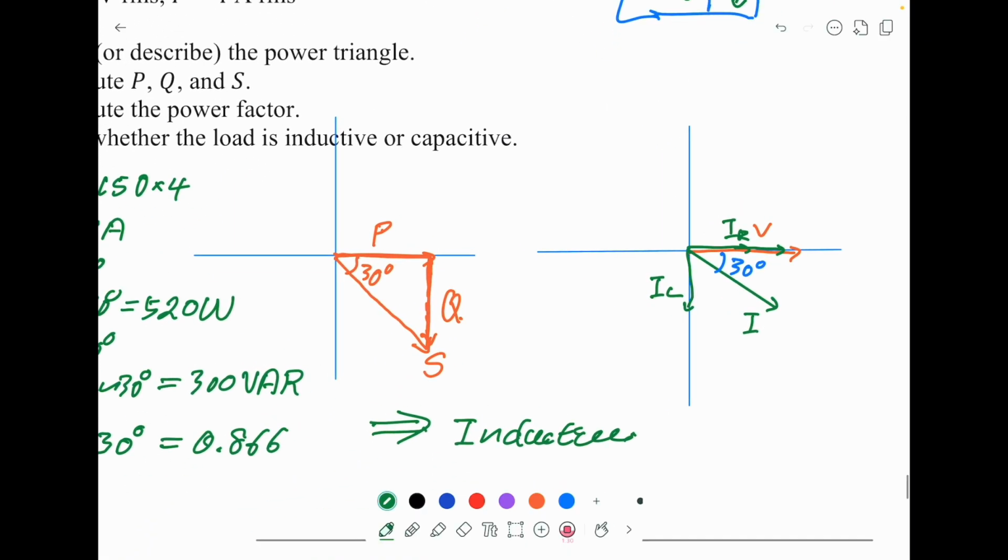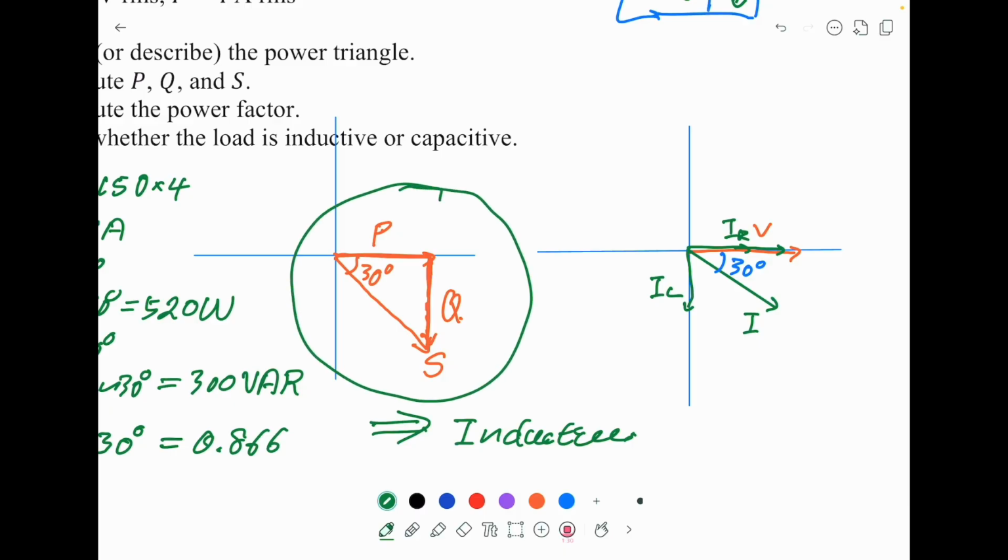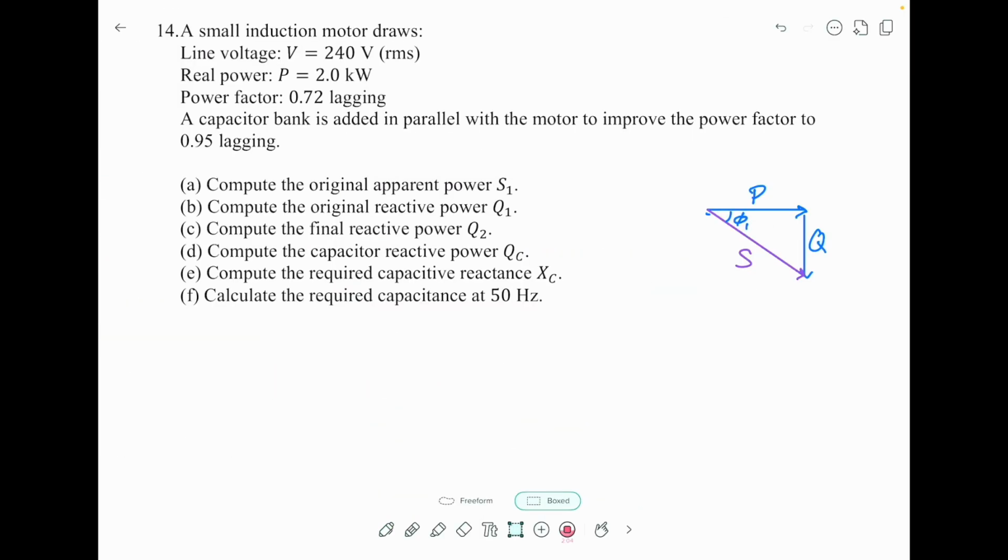In terms of the power, this is how the power triangle will look like. Again, this question is about an induction motor. The real induction motor can be modeled as a parallel resistor and an inductor. And the power triangle looks like this.